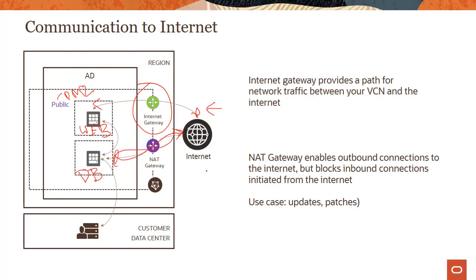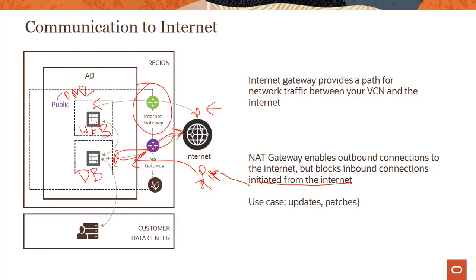But a bad actor should not be able to ping the database from the internet. And so you would use a gateway called a NAT gateway, which enables this outbound connection to the internet, but blocks inbound connections initiated from the internet. So this bad actor cannot reach your database, right? Use cases: updates, patches.